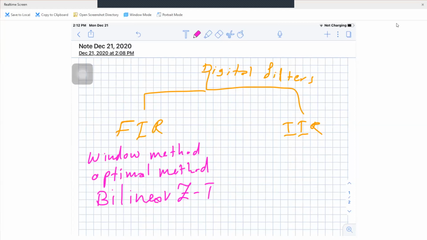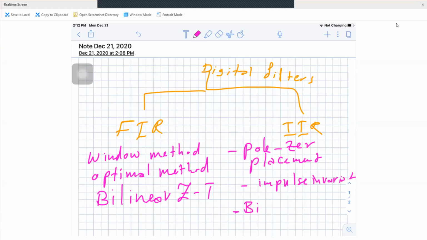To design IIR filter, we have other techniques. First one is called pole zero placement method. Second one will be impulse invariant method. And third one will be bilinear.